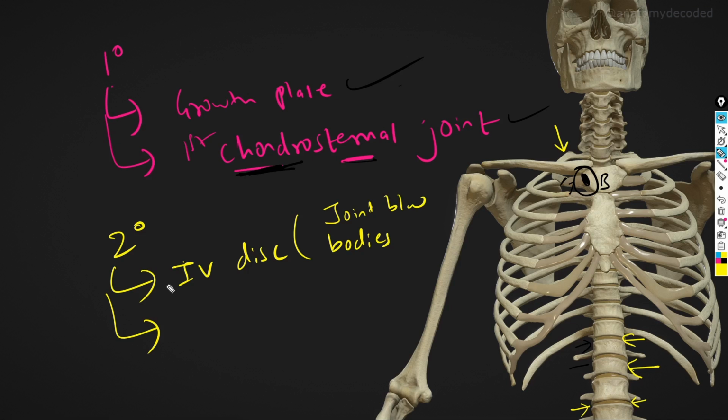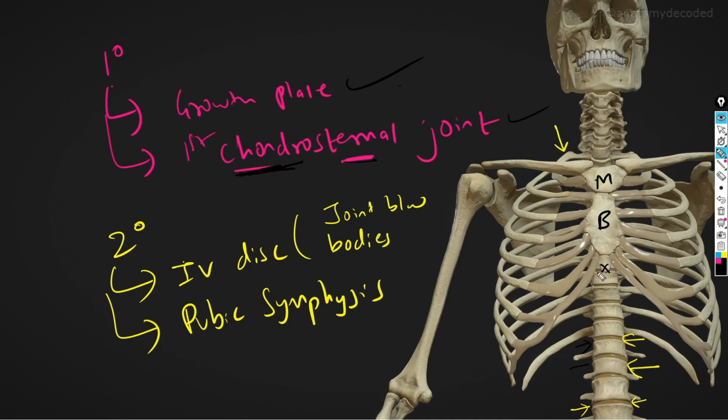Then in the lower limb bones I showed you two hip bones are articulating anteriorly. The pubic symphysis. Okay, that pubic symphysis is a secondary cartilaginous joint. Pubic symphysis. And here in the sternum we can see this upper part of the sternum is referred to as the manubrium of the sternum. Middle part is the body of the sternum.